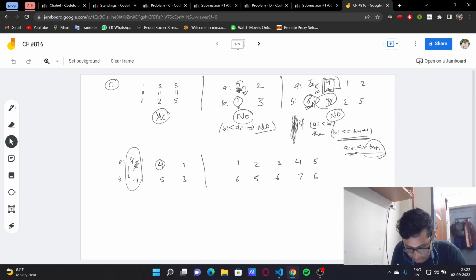Now if you see the last element, it's 1, and we need to increment it to 3, and we need to compare it to the first element. So obviously we can increment it easily, and that becomes 3. Now if you see the middle element, it is bigger than the next element, so it cannot be incremented, and we cannot make it equal to 5, and thus the answer to this test case will also be no, and this we know from the condition that we have derived here.